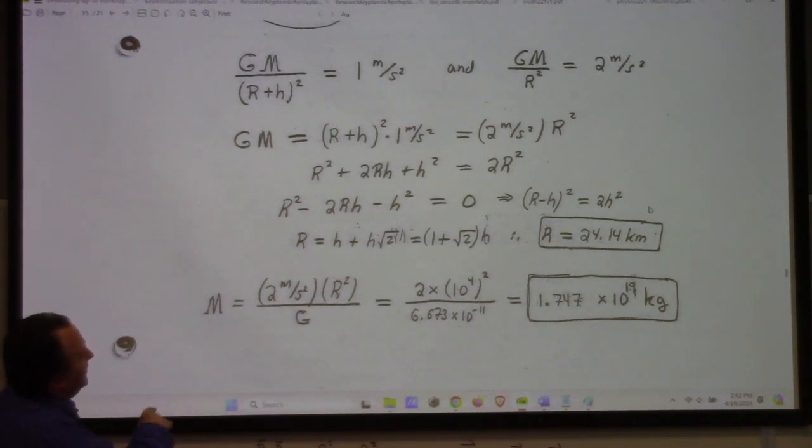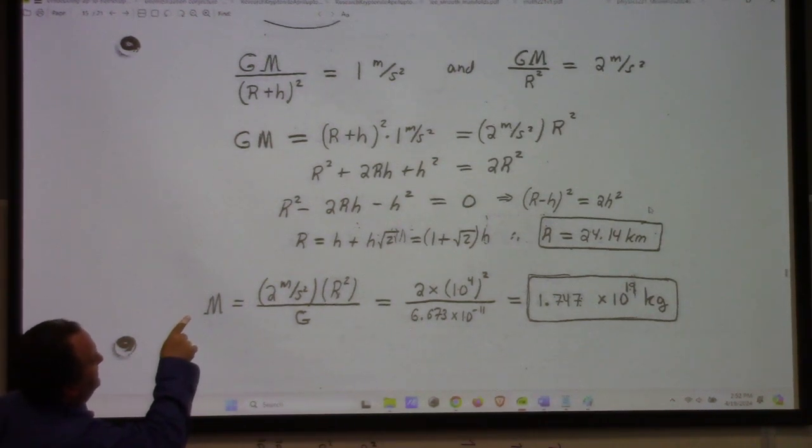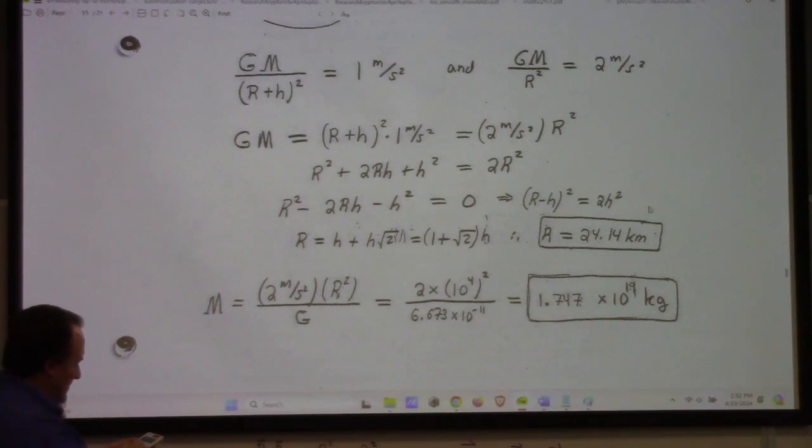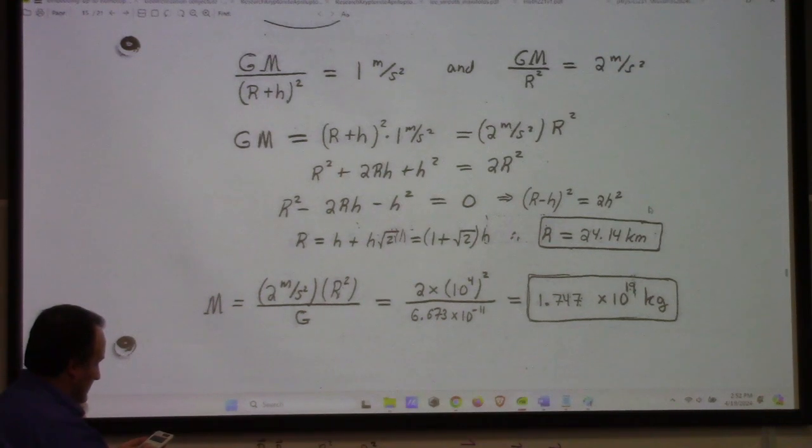Where'd this equation come from? Oh, it came from there. Wait a minute. Yeah, but the R should be the 24 point. Okay, so 2 times 24140 squared, big number, divided by, let me see if I can do this right.